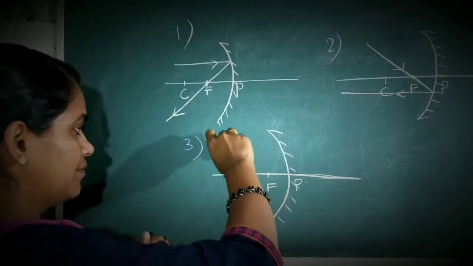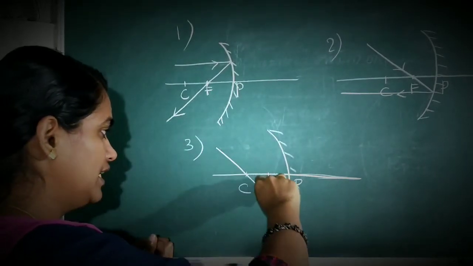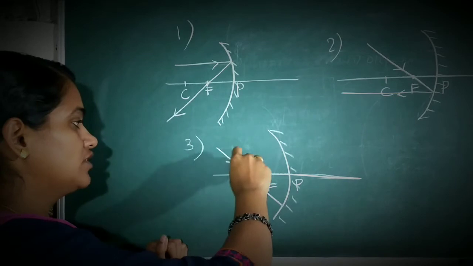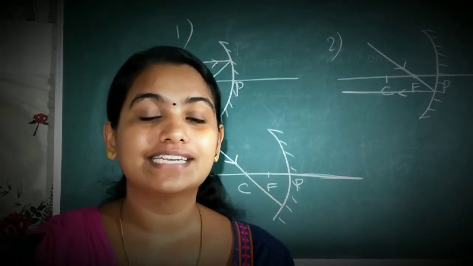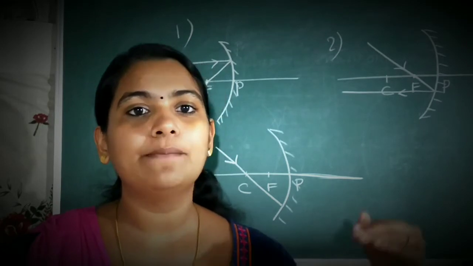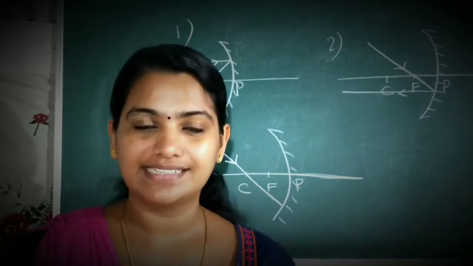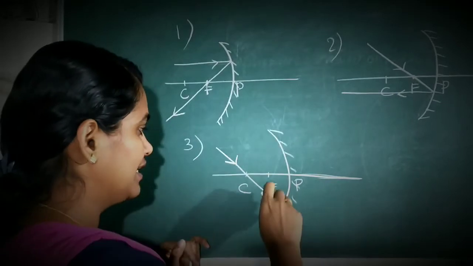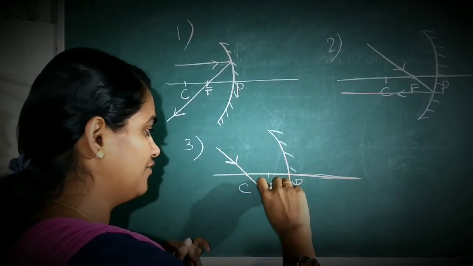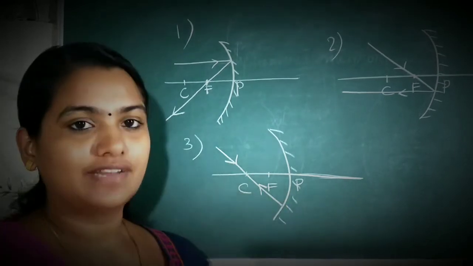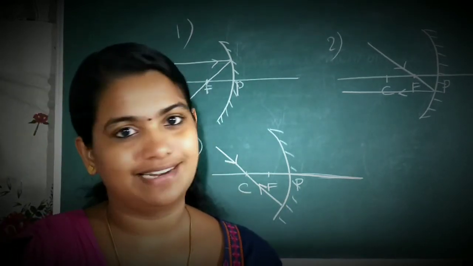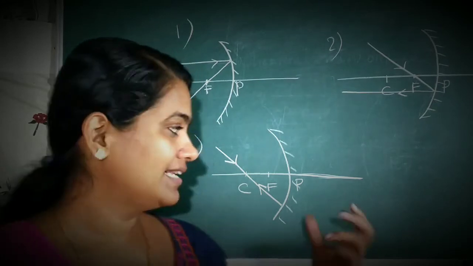If the light ray is coming like this, passing through the center of curvature, then the reflected light ray will follow the same path as the incident ray. So the reflected light ray follows the same path, that is, it is reflected through the center of curvature itself.